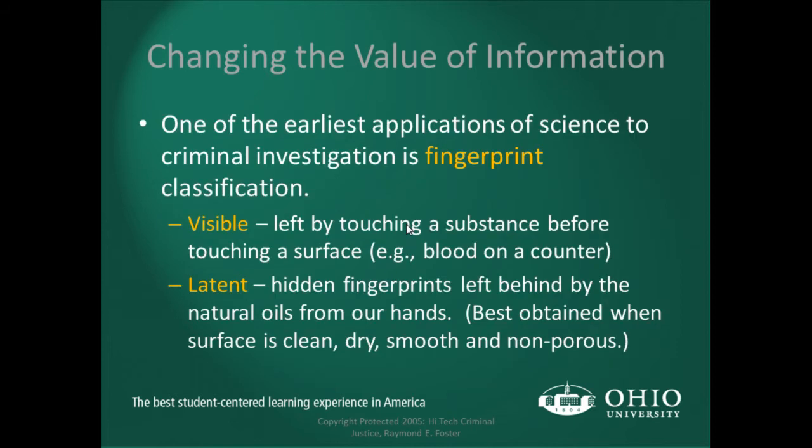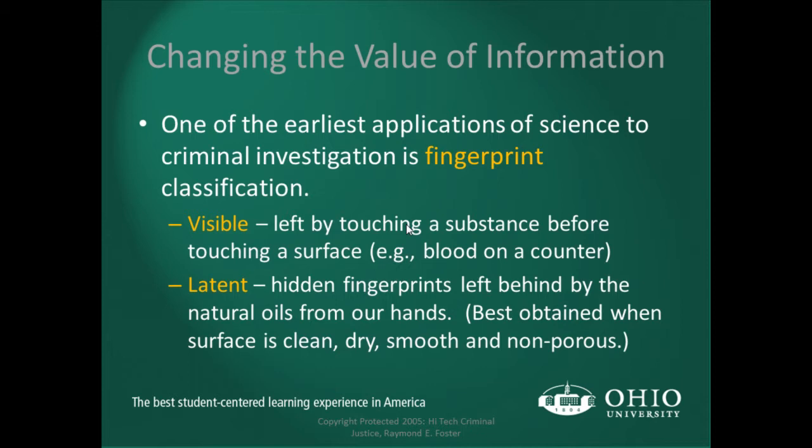So let's talk about the changing value of information. In order to do that, we're going to take a look at fingerprint technology and fingerprint applications. One of the earliest applications of science to criminal investigation is fingerprint classification. There are two different types of fingerprints. One is a visible print, and the other is a latent print.